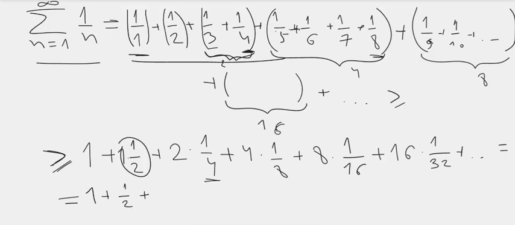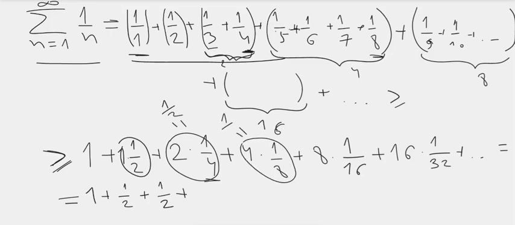The third one is also equal to 1 over 2, right? Then this one is also equal to 1 over 2. This one is also 1 over 2. And so on.